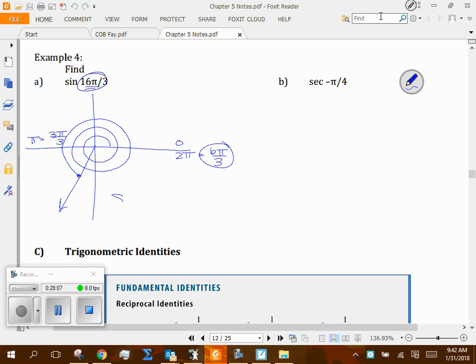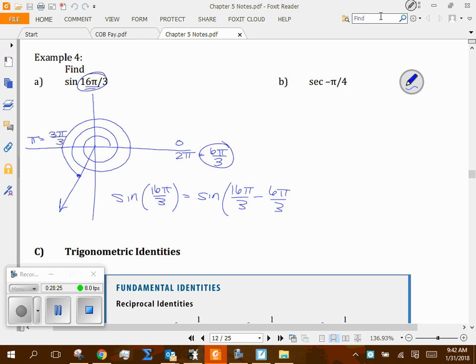So I'm going to take sine of 16 pi over 3 and say that that is equal to the sine of 16 pi over 3 minus 6 pi over 3. So that's a reduction of one cycle around, right?